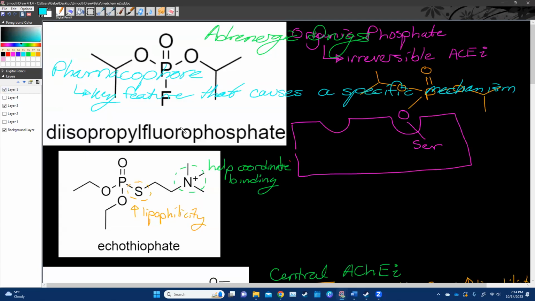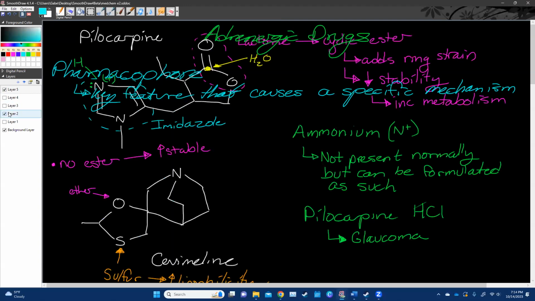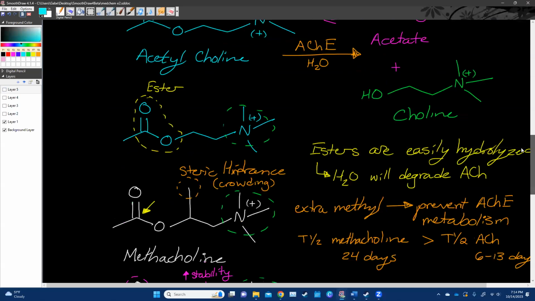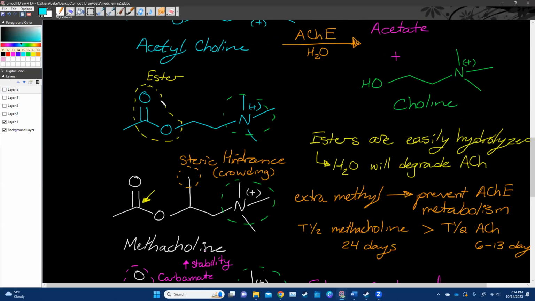When we go back to the cholinergic drugs, we saw that for acetylcholine-based drugs, you needed to have that ester, a couple of carbons, and then an N plus to work as a mimic of acetylcholine. So we could say that this ester, couple of carbons, N plus is the pharmacophore of cholinergic drugs.